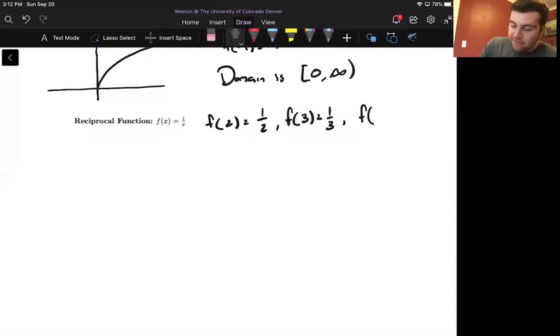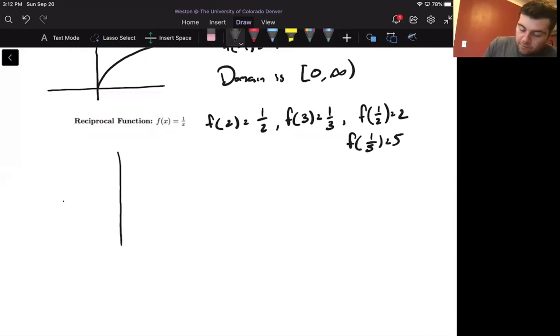So f of 1/2 is 2. F of 1/5 is 5. So as we graph small values, we get very large outputs. And as we graph larger values, we get small outputs.